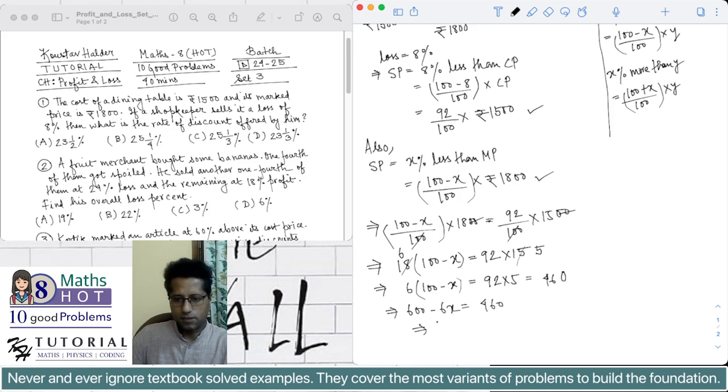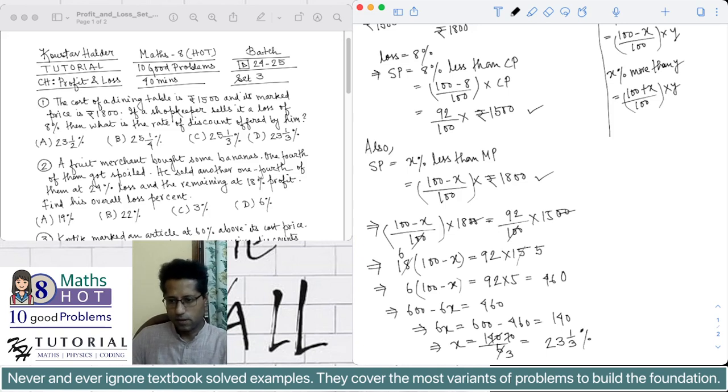This implies 6x is equal to 600 minus 460, which is equal to 140. This implies x is equal to 140 divided by 6, which, if you do cancellation, is 70 divided by 3, which is 23 and 1 by 3. So 23 and 1 by 3% discount. So the answer is D.